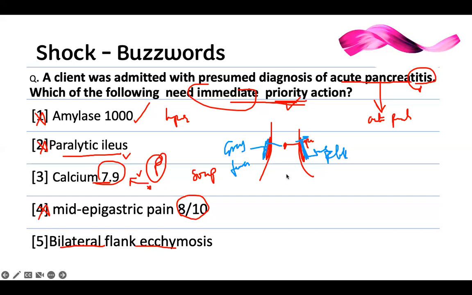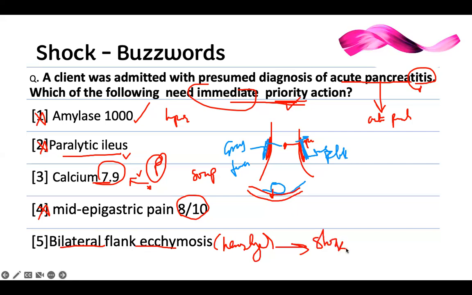The reason why the pancreas can bleed is that there's something called the splenic artery. The artery runs behind it. So when the pancreas gets inflamed, it can penetrate into the vessel and the vessel can bleed. And so this is hemorrhage. And hemorrhage in the B-sharp is shock.